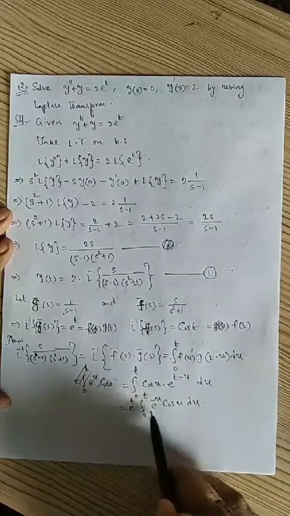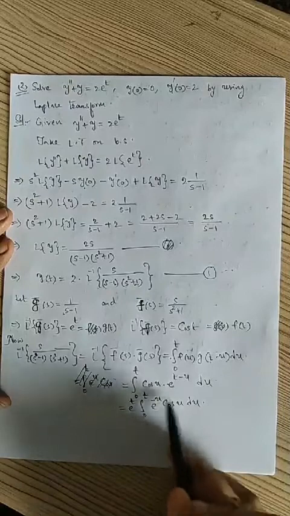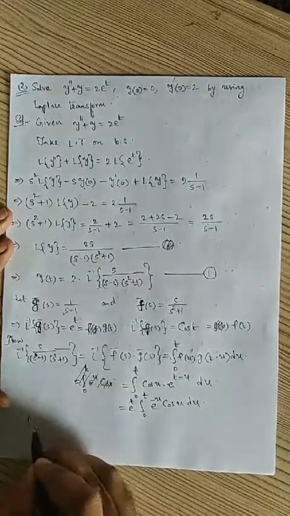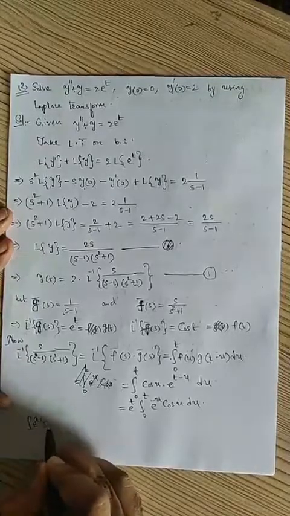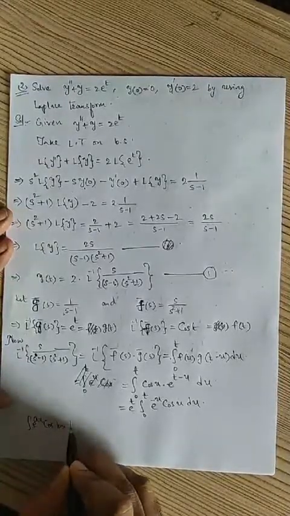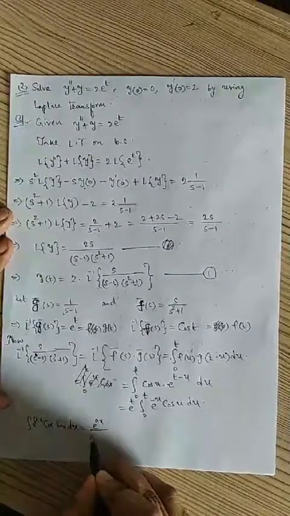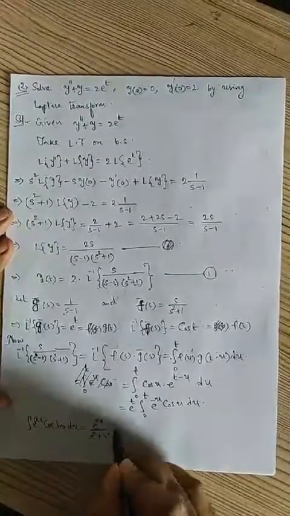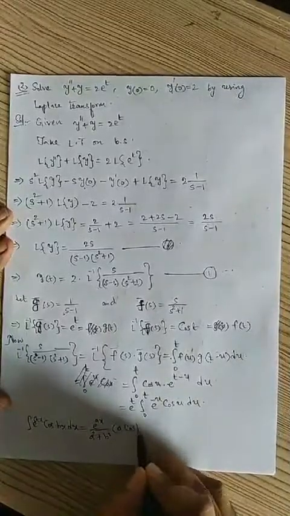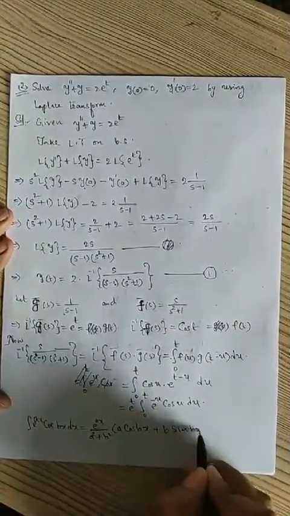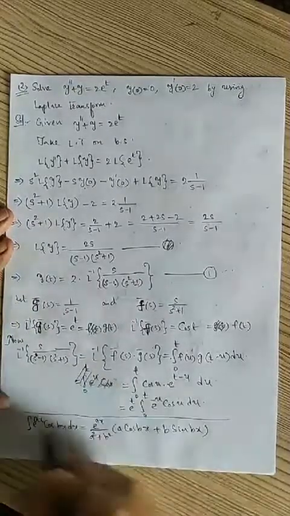Right? Now I have to apply the formula for e power ax cos bx. We know the formula, integral e power ax cos bx dx, which is given by e power ax by a square plus b square into a cos bx plus b sin bx. So this is the formula that we have to use now.